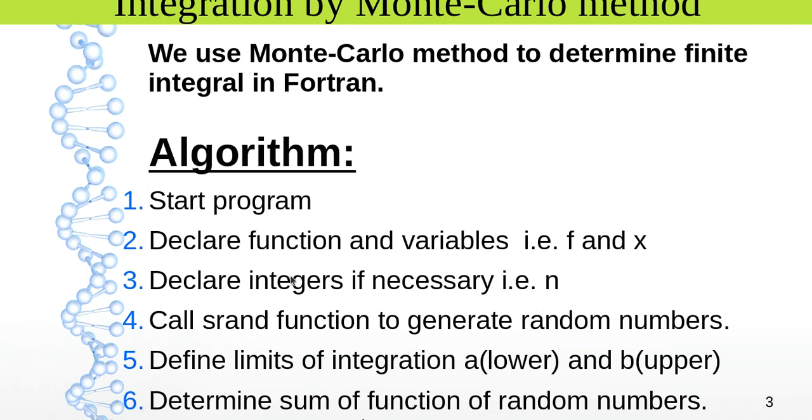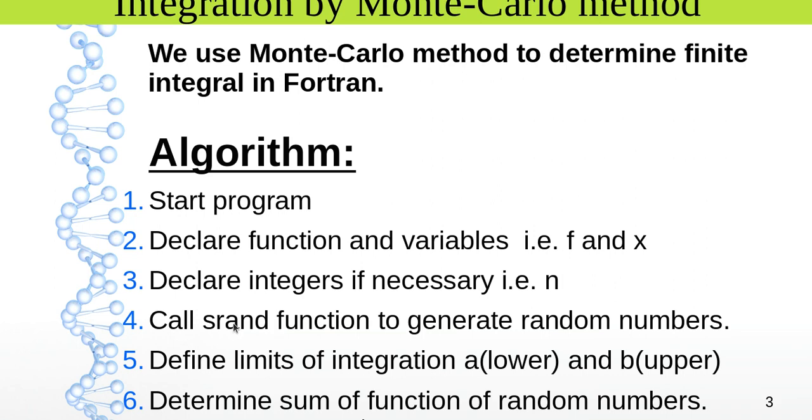The integer is needed to generate different numbers of random numbers. To generate the random number we need to call the intrinsic function of Fortran called rand.